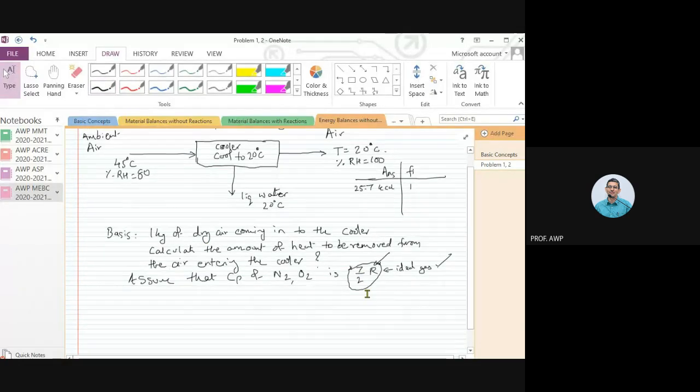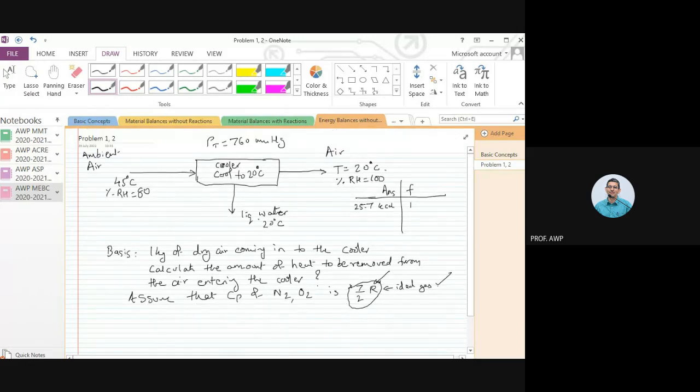So what I'm trying to say is that if we assume ideal gas, enthalpy is not dependent on change of pressure. This statement, I don't know whether you will agree with it or disagree with it.